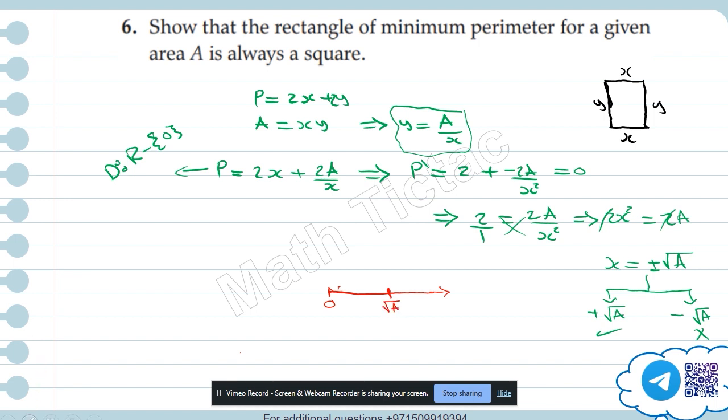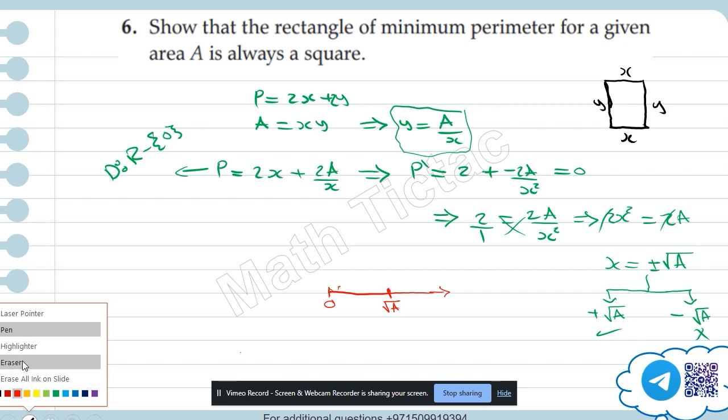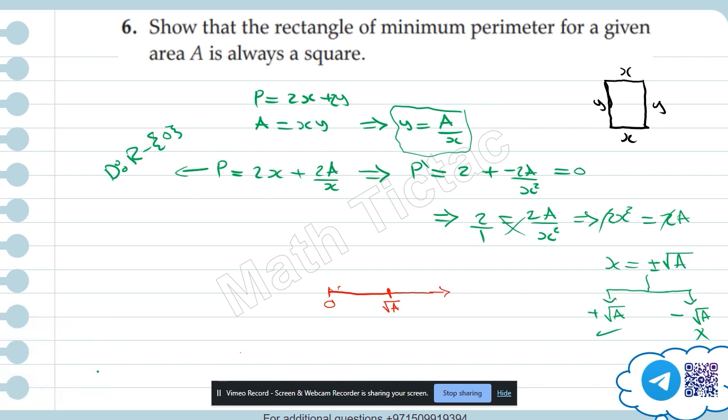So all we have to do now is test the value. For less than square root of a, of course it will be minimum, but I will tell you how I can make sure that it's a minimum by substitution. For the value less than square root of a, I will take square root of a over 2, for example. So it will be 2 plus minus 2a divided by square root of a over 2, squared.